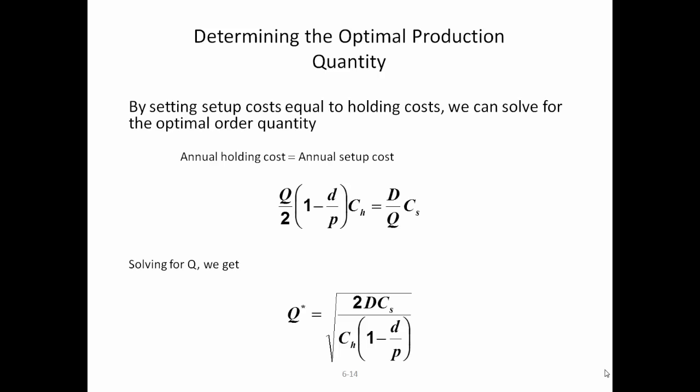So now we can determine the optimum production. And as you see, the economic ordering quantity, as we expressed before, Q star, is equal to the square root of the equation presented below.